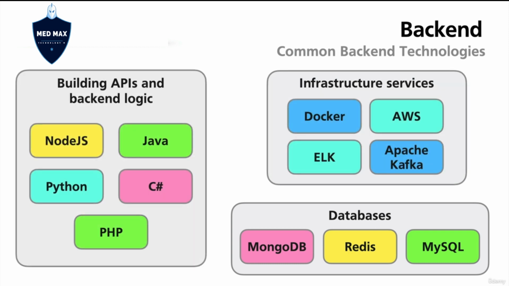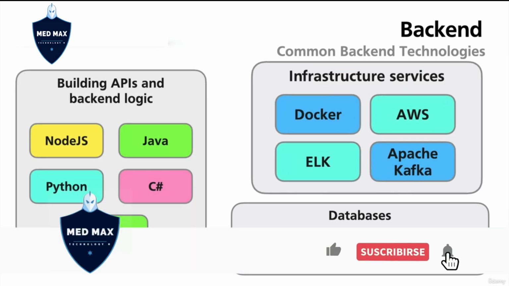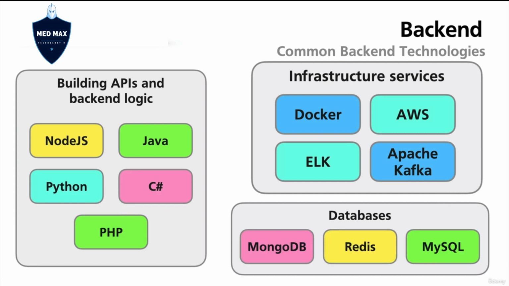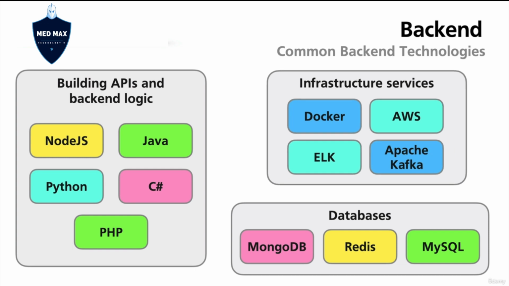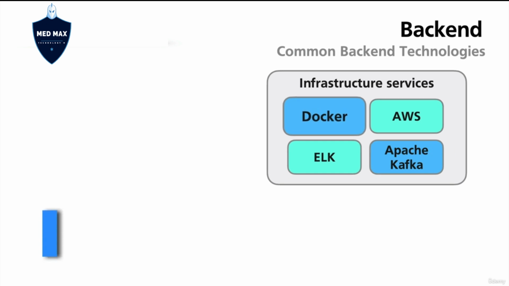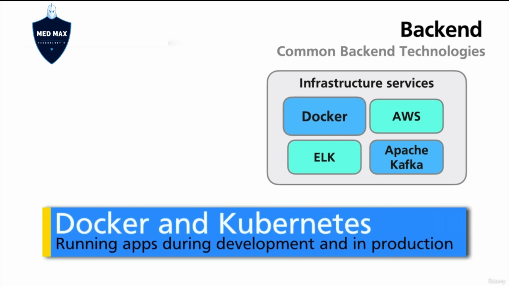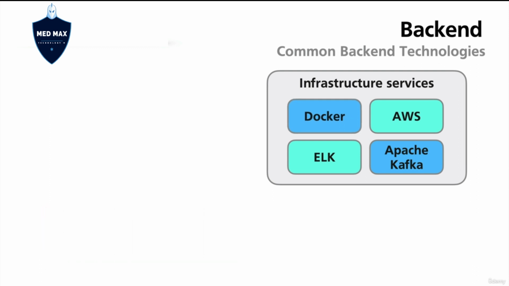The remaining technologies used in the backend I placed into one group and called infrastructure services, though they could be split into different subgroups. Docker and Kubernetes help to build and run actual backend applications written using different programming languages, and also databases.